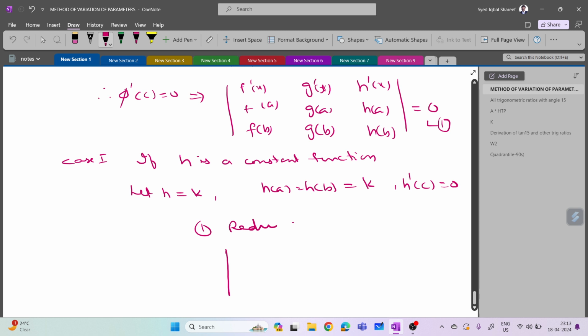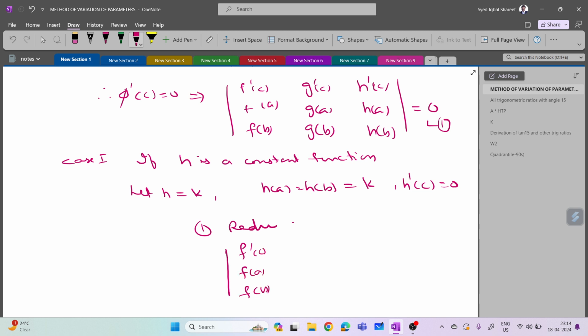Phi dash c equal to 0 means this equals 0. So this reduces to the determinant of f dash c, f of a, f of b; g dash c, g of a, g of b, with h dash c equal to 0 because it is constant, and this is k, this is k.